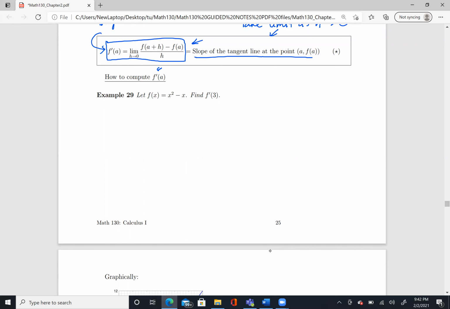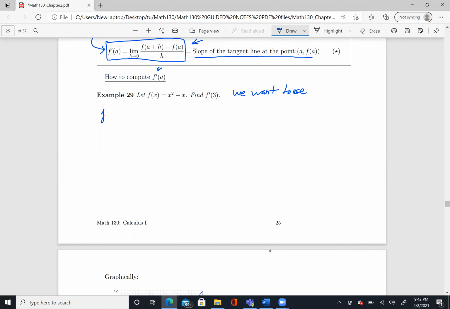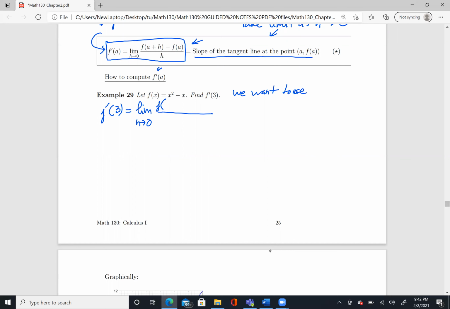So f prime of 3 equals the limit as h goes to 0 of, remember all the a become 3, f of 3 plus h minus f of 3, divided by h.